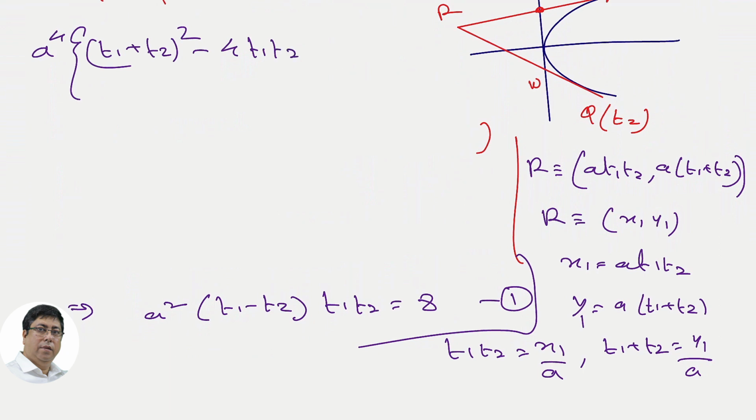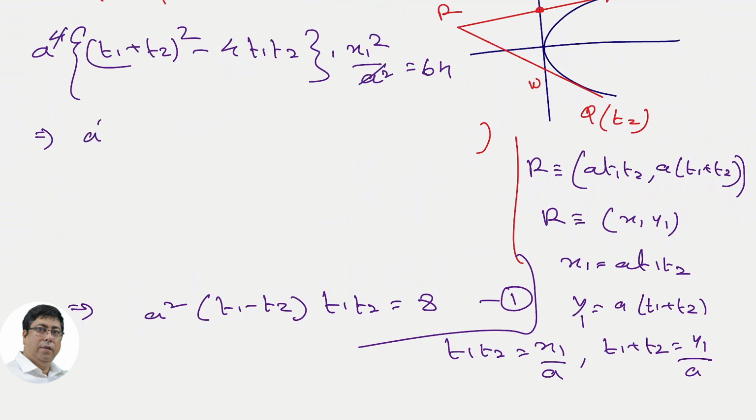Exactly, we have to get it in terms of the sum of the roots, t1 plus t2, and t1t2, into t1t2. t1t2 can be written as x1 square by a square, equal to, if we do the whole square, 64. So in this case, if we put the values of t1 plus t2 and t1t2, a square is getting cancelled.